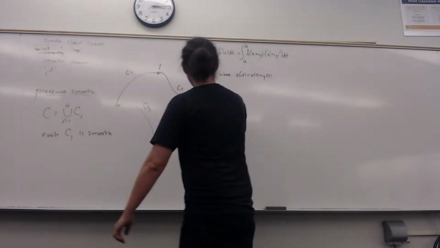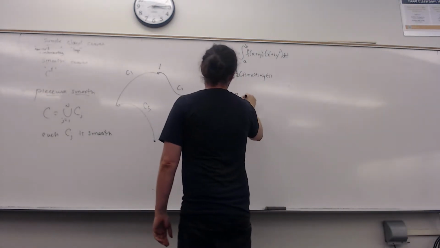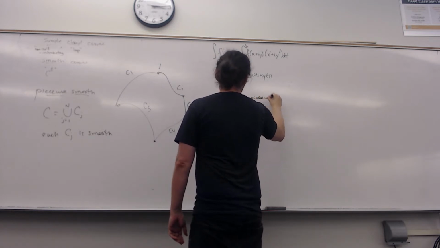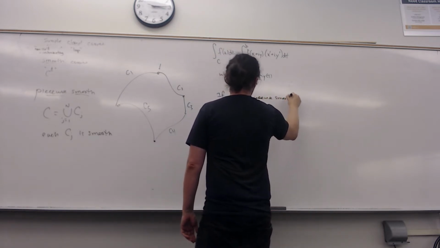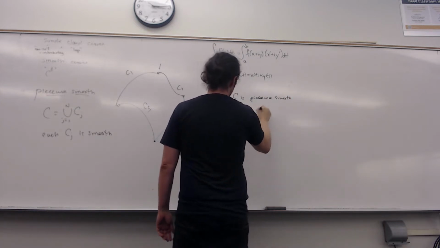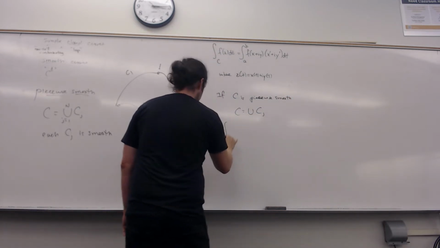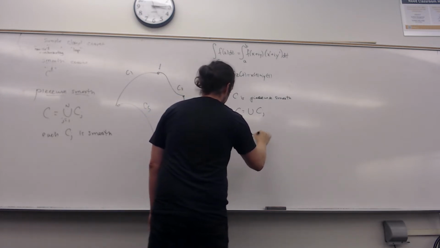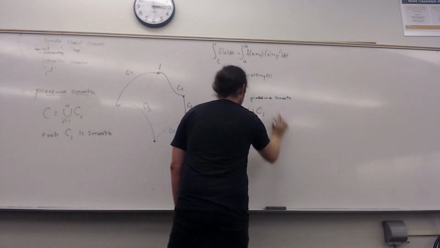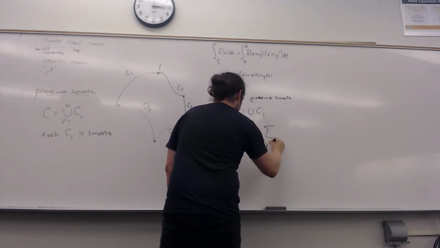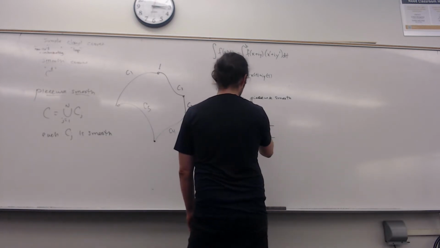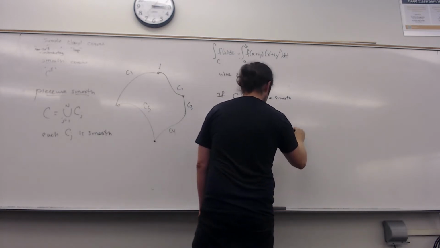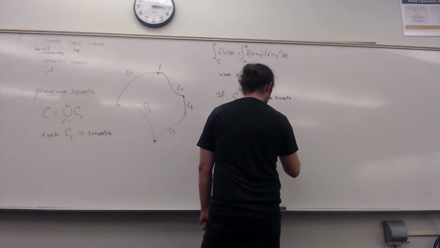So if C is piecewise smooth, say C is equal to a union of Cj, then the integral over C of f of z dz is just the sum over the pieces of each of the integrals individually, the integral over Cj.